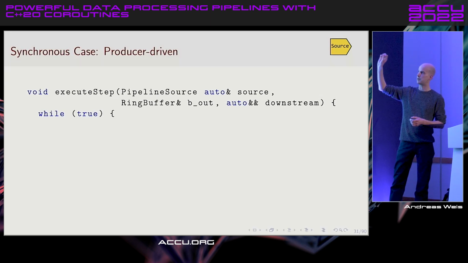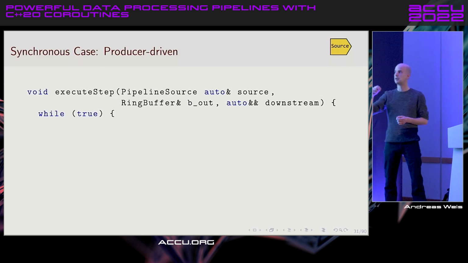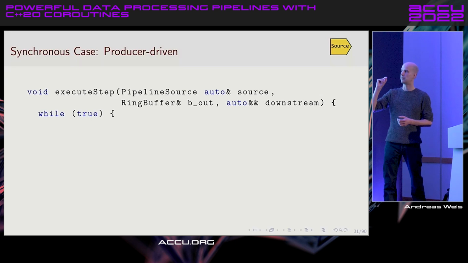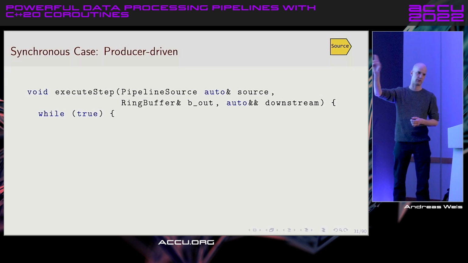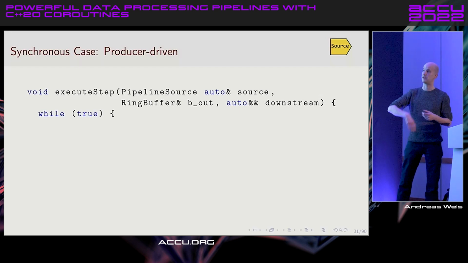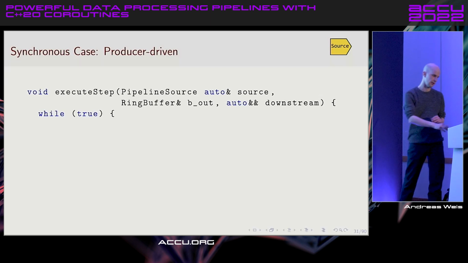So basically in this case, source is a template parameter, and it can be instantiated with any type that fulfills the pipeline source concept from the beginning, right? So everything that has a process function and that has an output buffer is fine to use here.